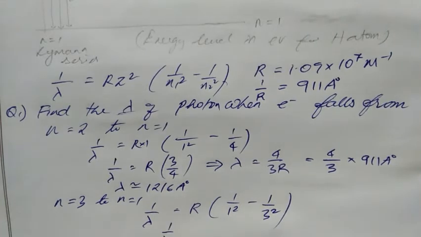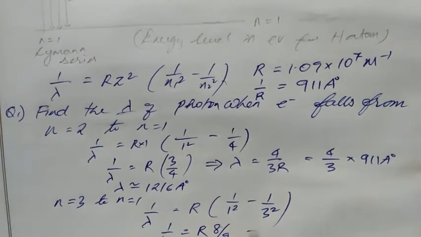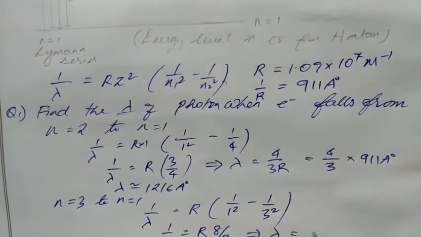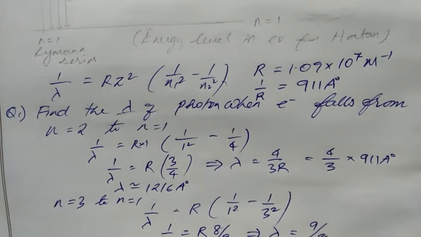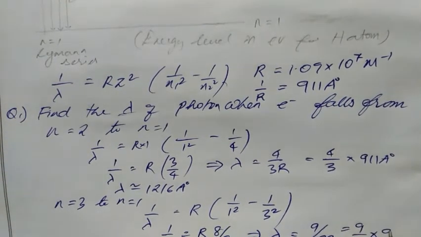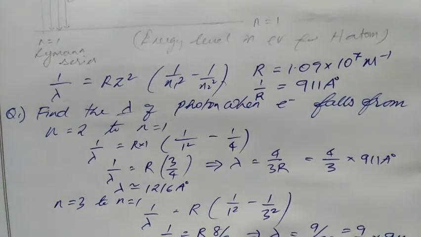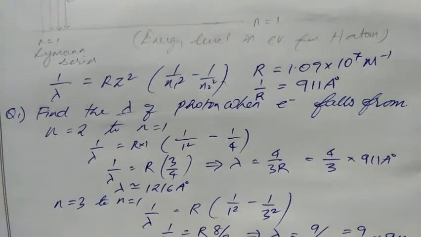So we have 1 by lambda, here 9 minus 1 is 8, 8 by 9. Then lambda will be 9 by 8, or we can write 9 by 8 into the 1 by R value, 911 angstrom. If I substitute, then we get a value of 1026 angstrom.